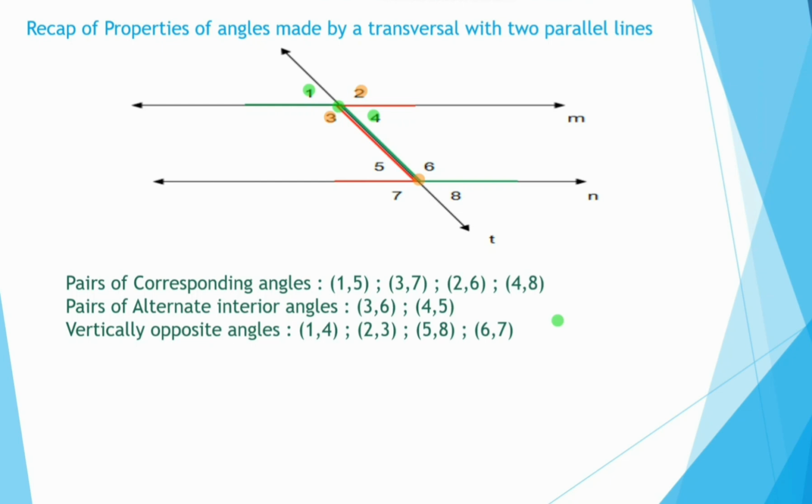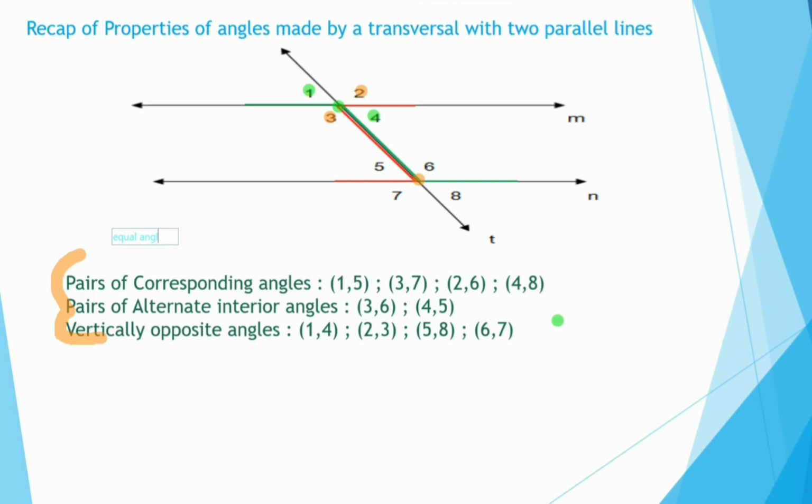Now these angles which are written till now, all these three pair of angles are equal. They are equal angles. So remember, that is why I have written them separately.